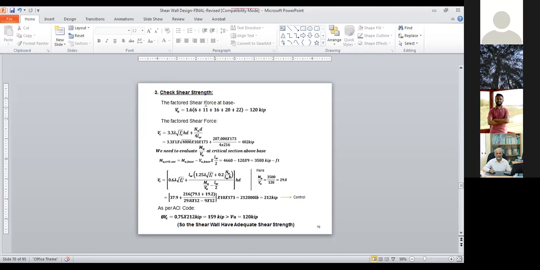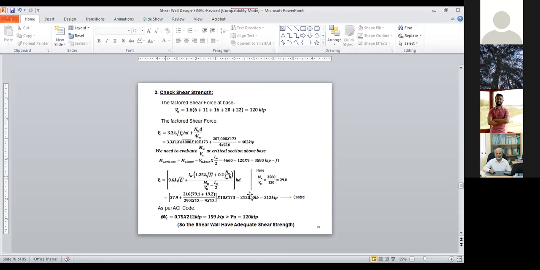Check for shear strength. Now we check the shear strength. We have checked for minimum shear reinforcement, but we have to see whether we need the shear reinforcement or not. You have the factored shear force 120 kips, and you know the section is in compression. You have seen that the section is under compression, so you use the equation related to compression.